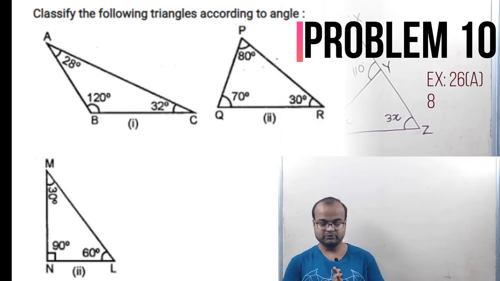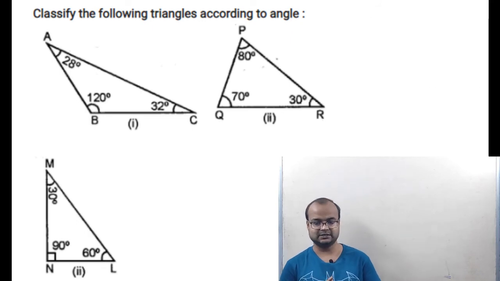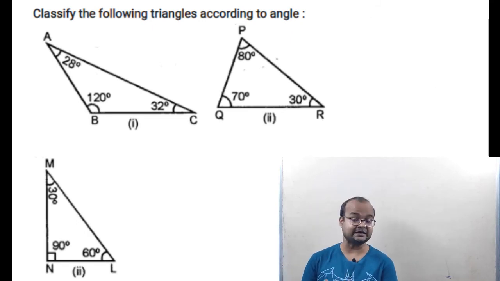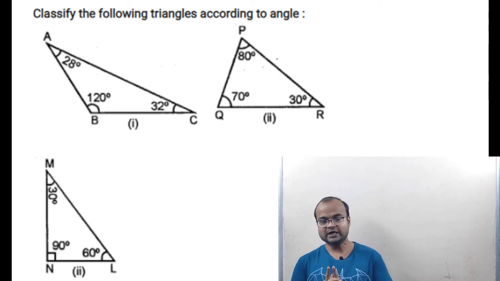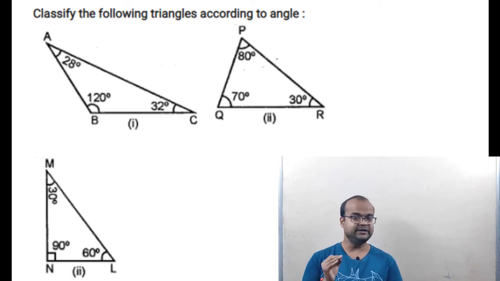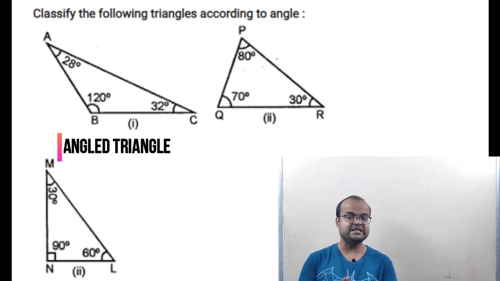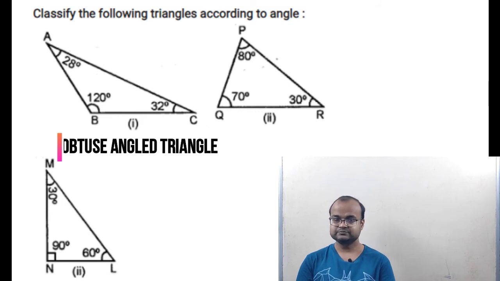Now the next problem you can see on the screen: classify the following triangles according to the angle. So look at the first diagram. In the first diagram, one of the angles is 120 degrees. That is, it is greater than 90 degrees. Any angle greater than 90 degrees is known as an obtuse angle.